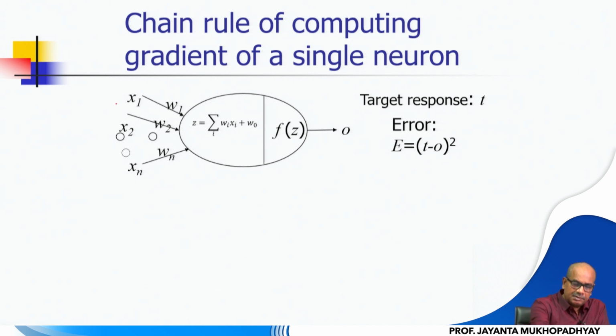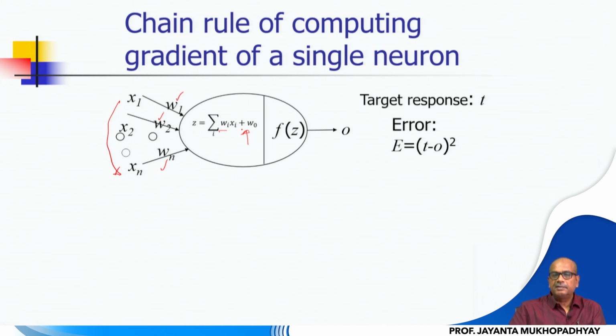These are the inputs to that neuron, and these are the weights which are connected to the neuron. Each input is connected through these weights. That means weights are multiplied there for each input, and also there is another parameter W naught, which is called the bias term, and which is added with the weighted sum of the input.